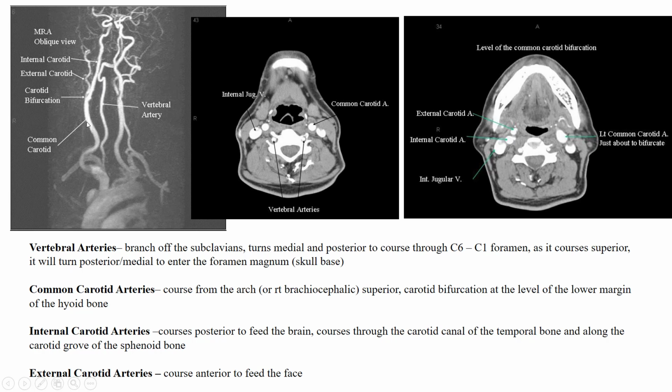The common carotid artery is a little bit more of a streamline artery. It just goes directly up the side of the neck, and then it bifurcates into the internal carotid artery, which feeds the brain, and the external carotid artery, which feeds the face. So you've got the patient rotated slightly to where the front of the body would be here, but it's not a direct lateral, because you can see that it still says right here.